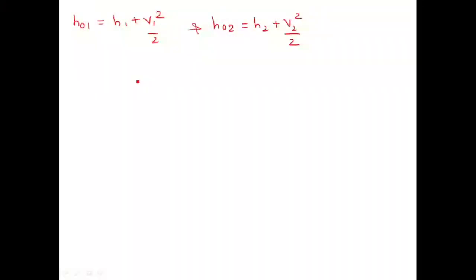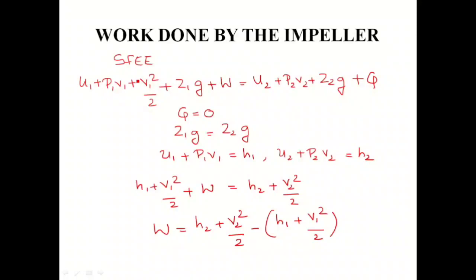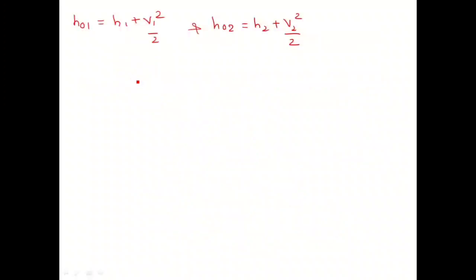So the above equation, W equals H2 plus V2 square by 2 minus H1 plus V1 square by 2, becomes W is equal to H02 minus H01.